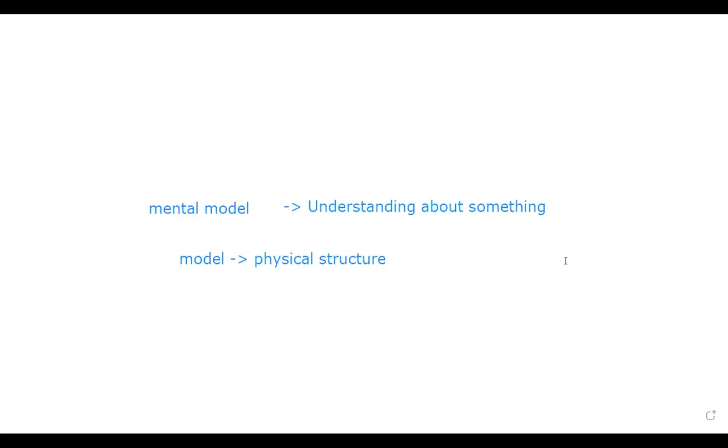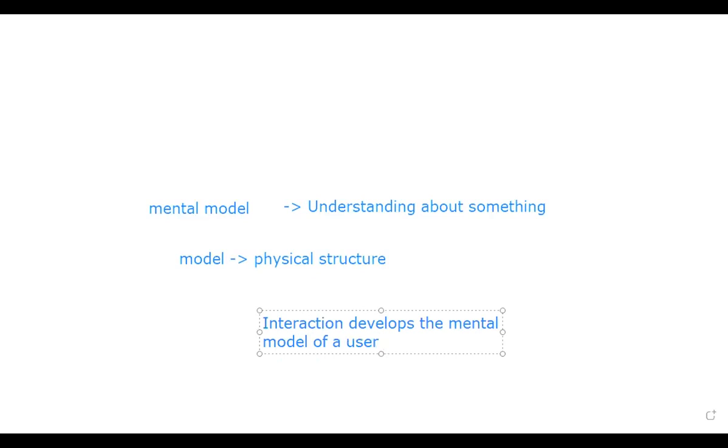In the user interface context, what you see is there. This interaction is the one that develops the mental model. So we call it that way: interaction develops the mental model of a user.